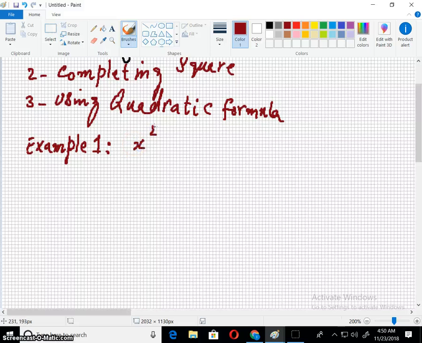x square minus 7x plus 10 equal to 0, and I want to solve this by factorization. In factorization, I need to multiply this with this, which is the conventional way, and I get 10x square.